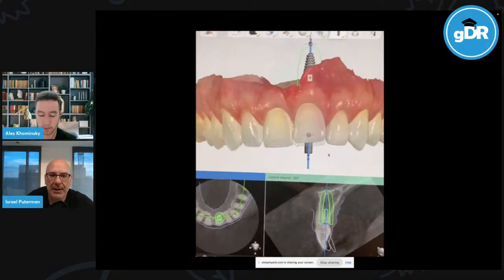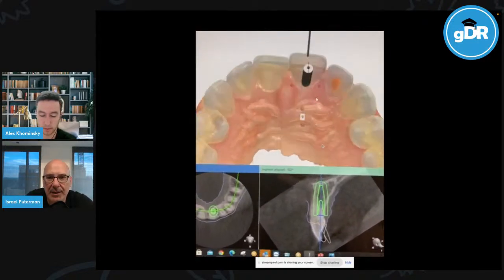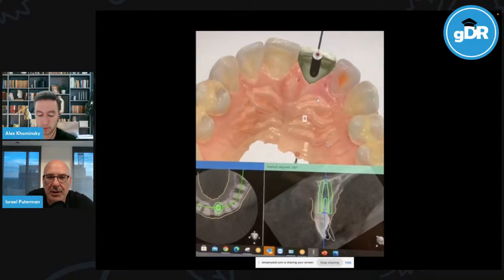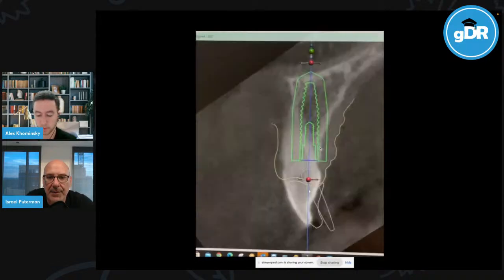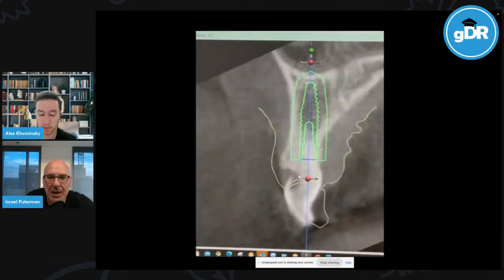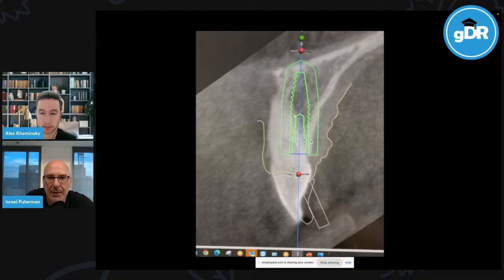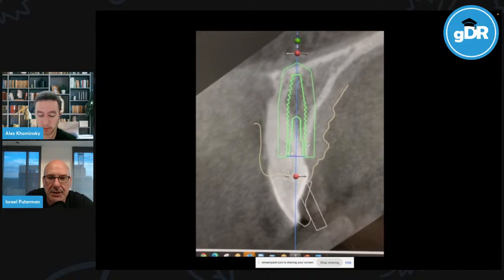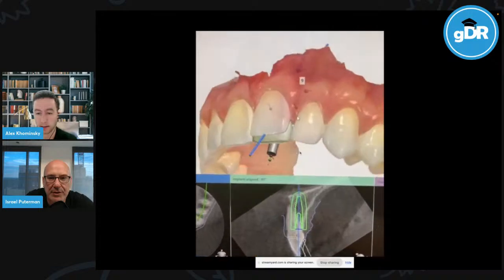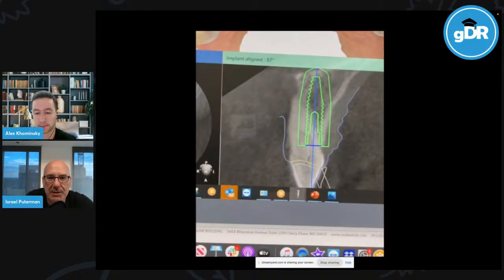So this is what I planned. Again, I met with my lab online. They place the implant, and I tweak it. You can also appreciate that the position of the bone on the palatal is not what it was with the last patient. With this patient, I would be coming out the incisal edge. So what we're doing is using an angulated screw channel to have a screw-retained restoration using a new tooth position.